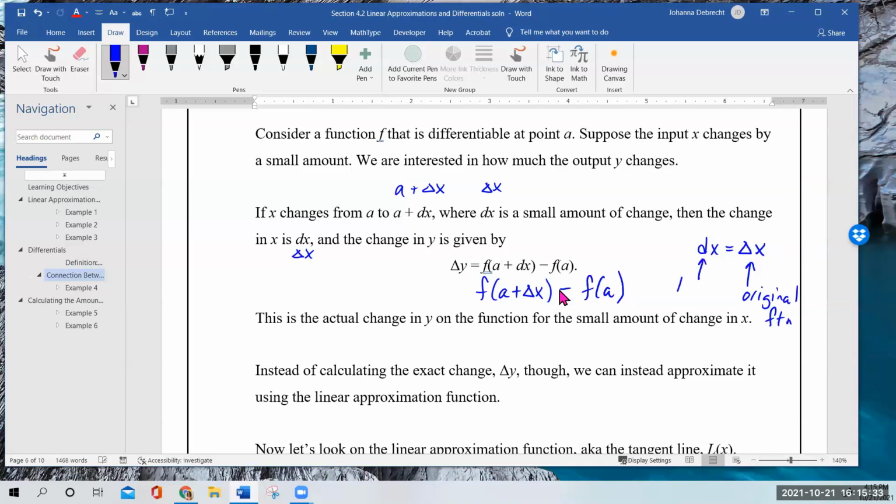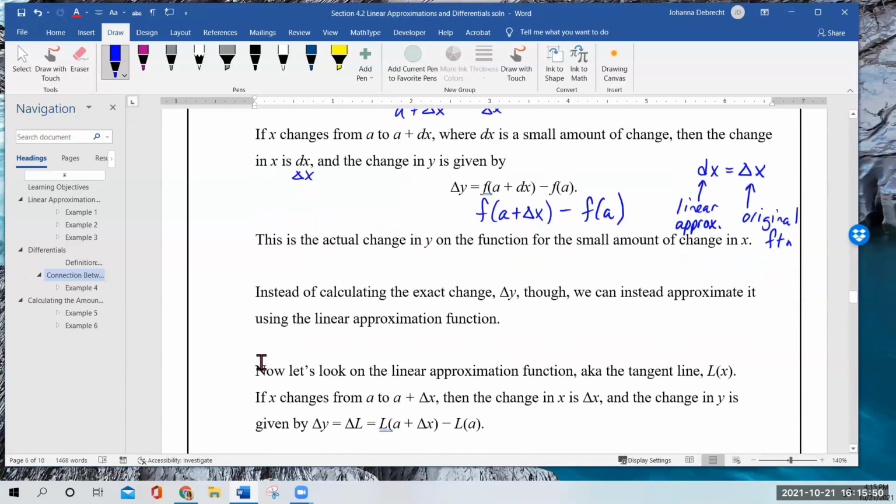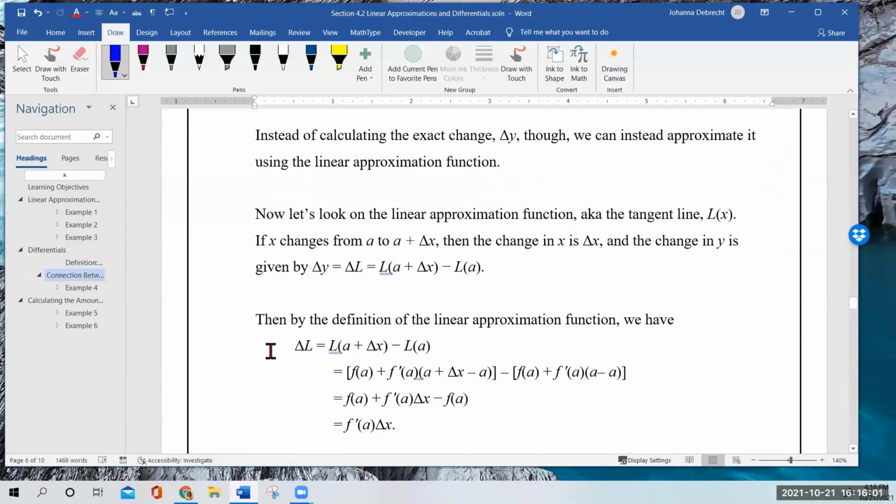Dx is on the linear approximation function, or on the graph of the tangent line. It just turns out that dx and delta x are always the same amount. dy and delta y, however, are not. They are not the same amount. They're slightly different. Instead of calculating the exact change, delta y, we can approximate it using the linear approximation function, which is the tangent line.